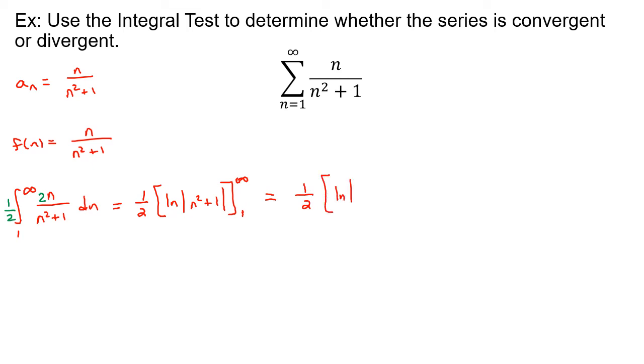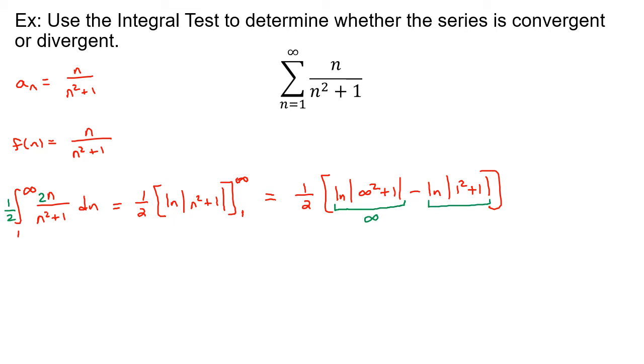So as we plug stuff in, this will turn into the natural log of infinity squared plus 1. And again, remember, it's really just massively large numbers that we're plugging in, minus the natural log of 1 squared plus 1. But we're going to run into the same issue that we had on the previous problem. If I take a massively large number and square it, it's large, plus 1 makes it even bigger. And the natural log keeps getting bigger and bigger, going towards infinity.